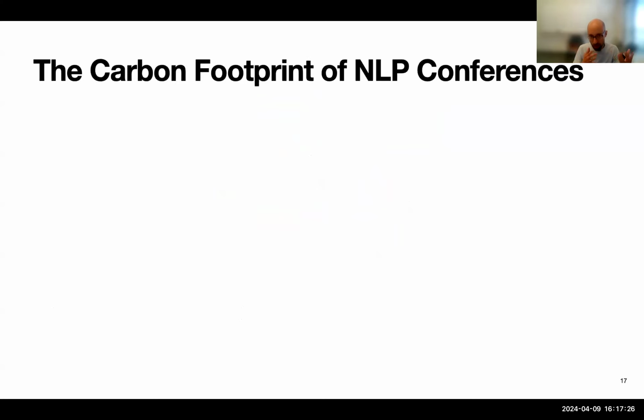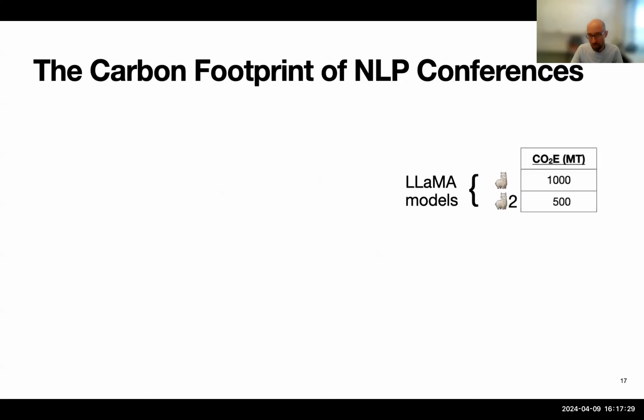And when we look at the numbers of specific conferences, before we get started, here are some baselines. This is roughly how much carbon was emitted by training Llama and Llama 2 models, at least as reported by the authors. We see that Llama resulted in 1,000 CO2e metric tons of carbon, and Llama 2 with 500 of the same quantity. And this is the same amount for the 2023 conferences.